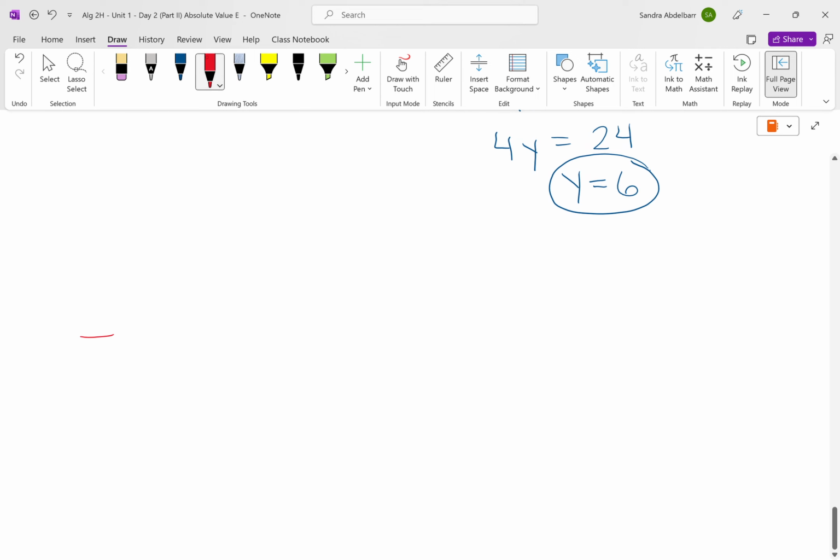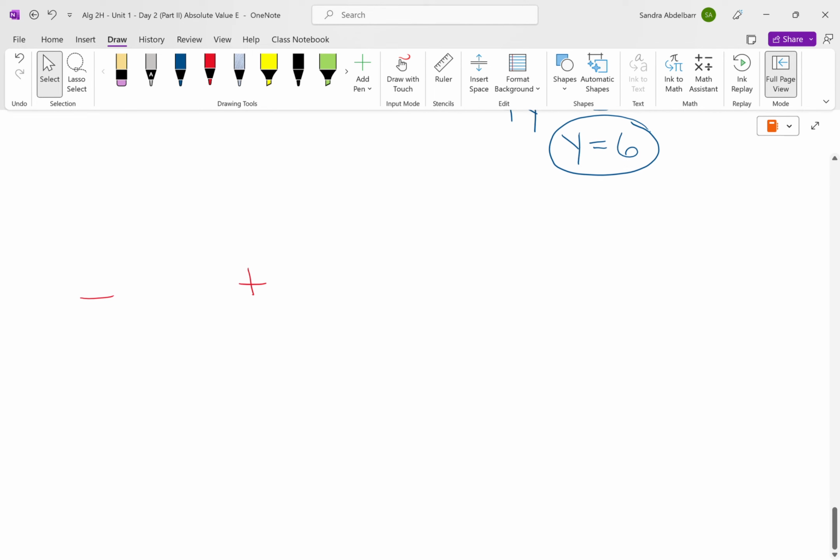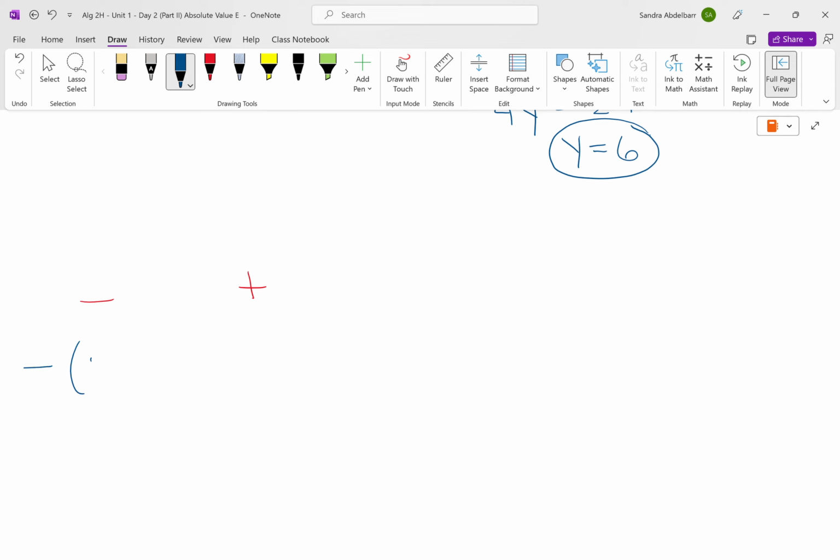So now we're checking, what did we do? Positive, positive, positive, negative, negative, positive is next. So we're going to negate the first one. Keep the second one the same. Equals 22.